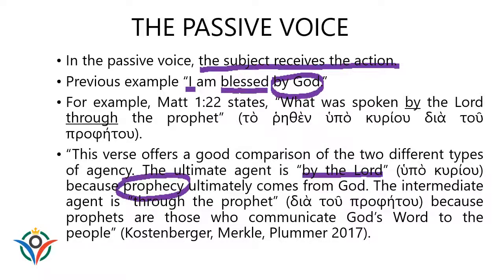The intermediate agent is through the prophet, dia tou prophetou, because prophets are those who communicate God's word to the people. The direct agent would be the prophet who is speaking the prophecy, speaking the words, but ultimately those words come from the Lord.